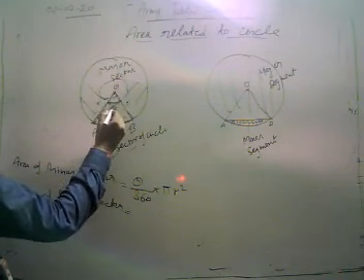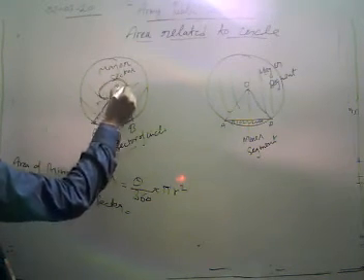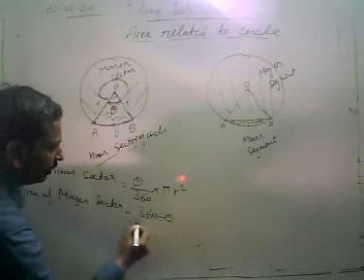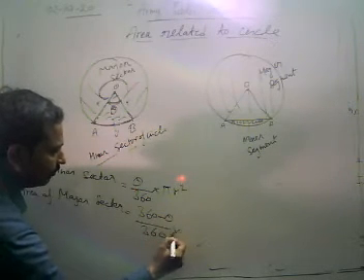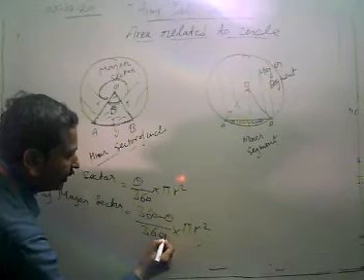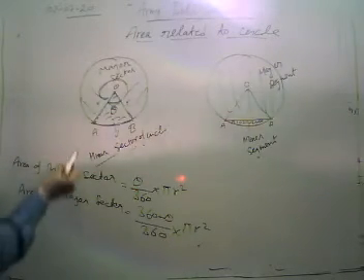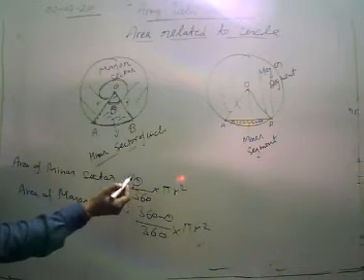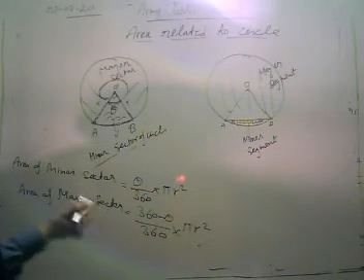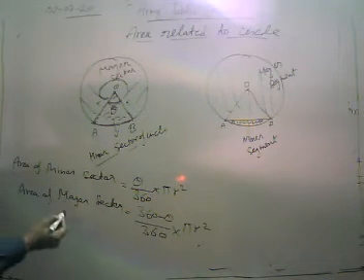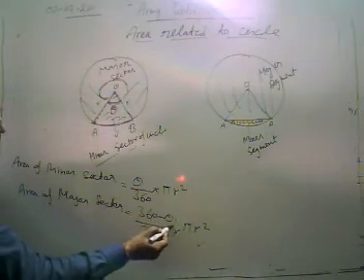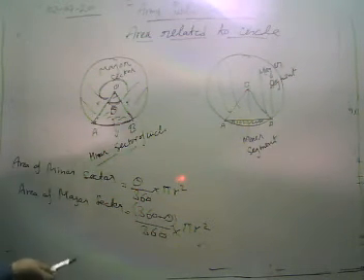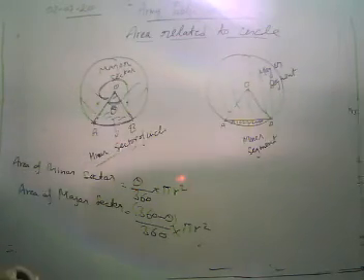If this angle is theta, then this angle is 360 minus theta, so it is 360 minus theta upon 360 into pi r square. So the area of the minor sector is theta upon 360 into pi r square, and the area of the major sector is 360 minus theta upon 360 into pi r square. This is our formula to find the minor sector and major sector.